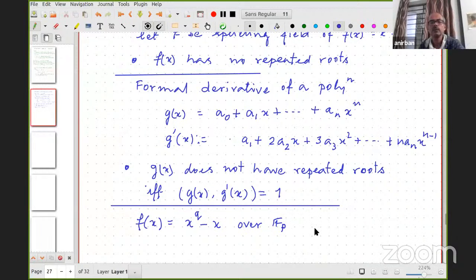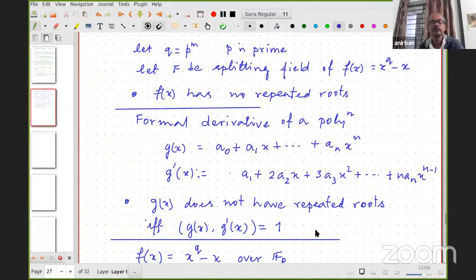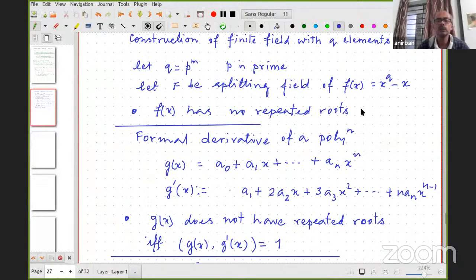This is what we are looking at. I should have written that F is a splitting field of this over F_p. That is what we want to construct.